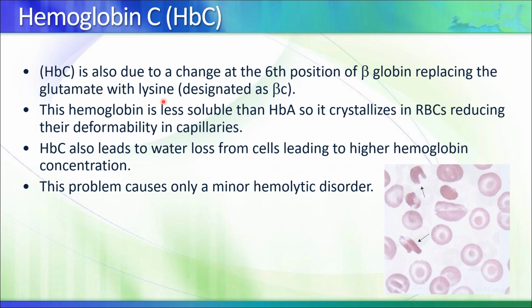And this beta globin is known as beta C. Now, this hemoglobin is less soluble than HbA, so what happens is that it crystallizes in red blood cells, reducing the ability of red blood cells to change shape as they squeeze in capillaries. Okay. So, for some reason, HBC leads to water loss from cells, leading to higher hemoglobin concentration again in these cells.